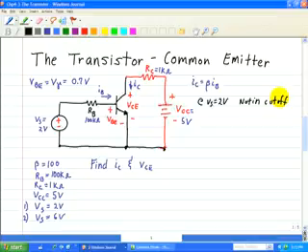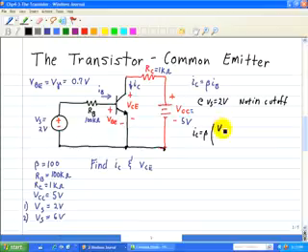Therefore, we can find the collector current IC. First, we note IC equals beta IB. So we'll find IB, noting that the voltage across this resistor RB is Vs minus VBE. So therefore, IC is equal to beta multiplied by the voltage across RB, which is Vs minus V gamma, which is equal to VBE, all over RB.